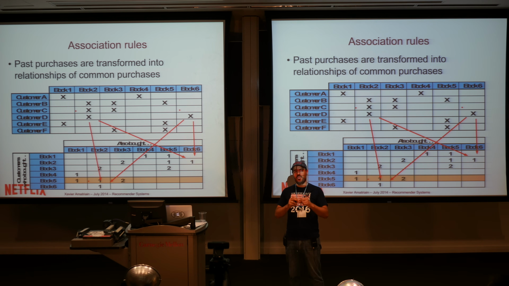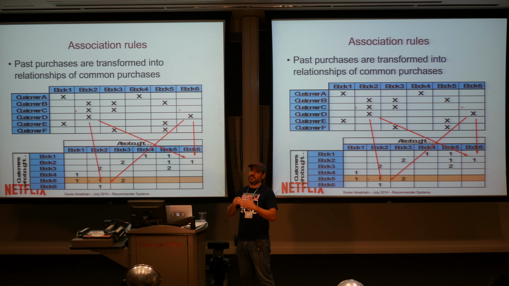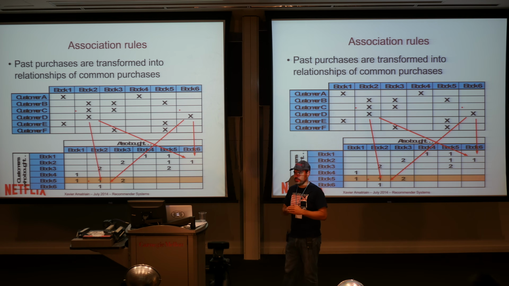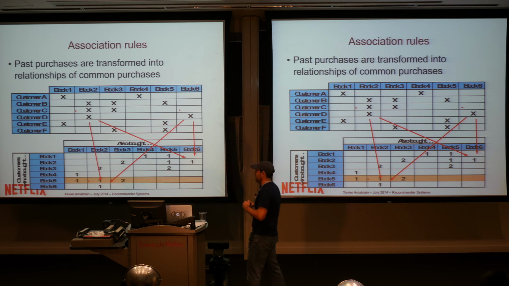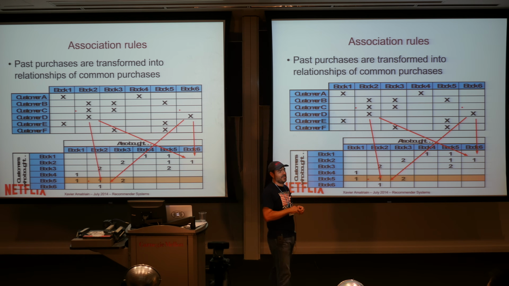The idea is that if you have purchases and you have done transactions in the past, and you're able to find patterns of transactions, you're going to be able to use those patterns and similarities as a way to recommend items, right? One way people remember association rule mining is the beer and diapers example.